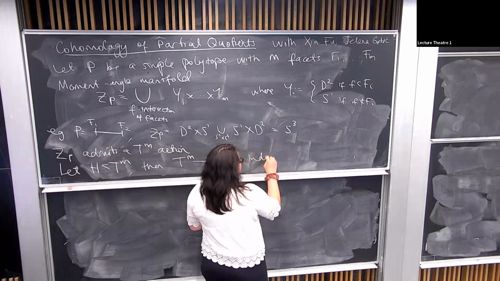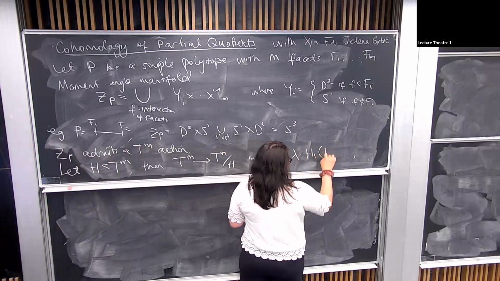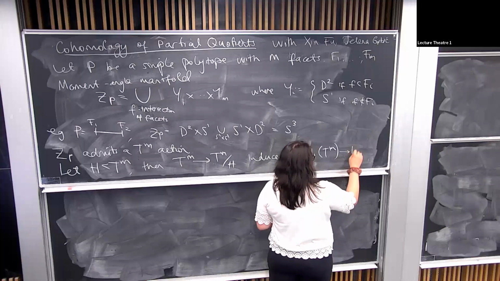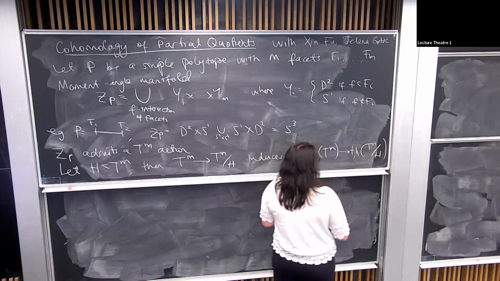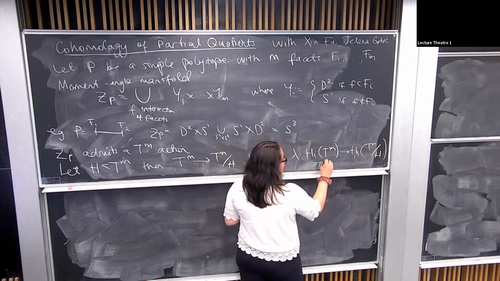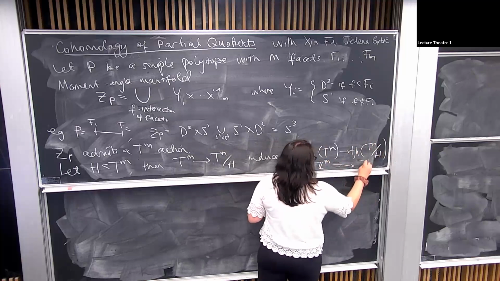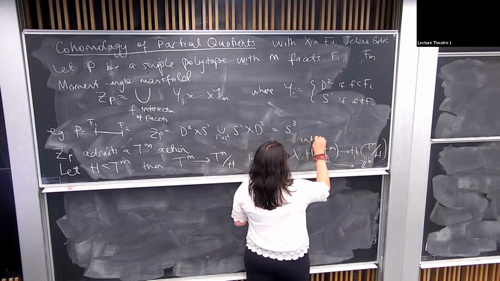let's see, induces a map lambda from H_1(T^m), the first homology of T^m, to the first homology of T^m quotiented by H, which is given by an integral matrix. Oops, wrong arrow. Yeah, an integral matrix.